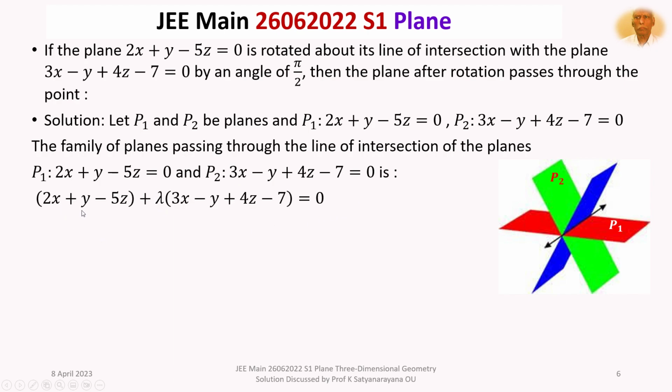P1 is 2x plus y minus 5z plus lambda times 3x minus y plus 4z minus 7 is equal to 0.